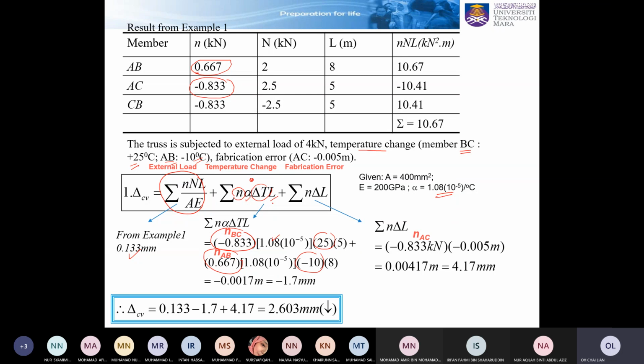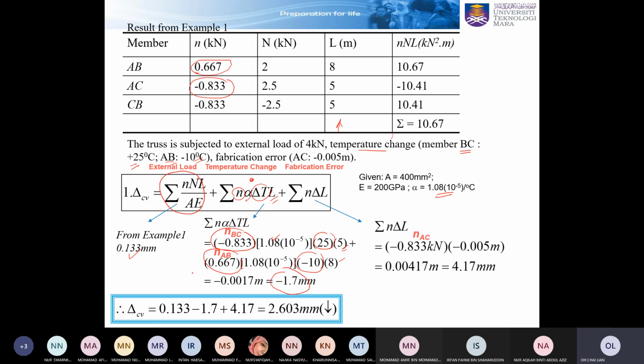Okay, and the length of the member. Just include the length from the member, then you get a deflection. If you can see the deflection here, you get a negative 1.7 mm.